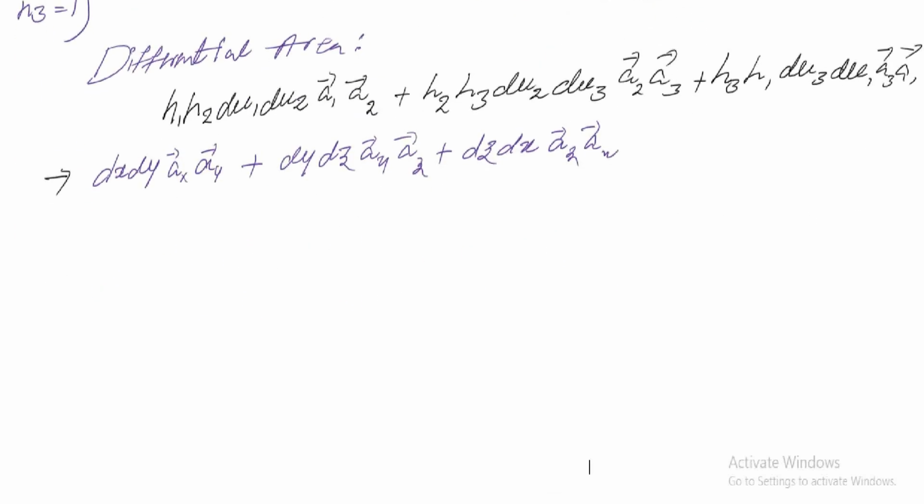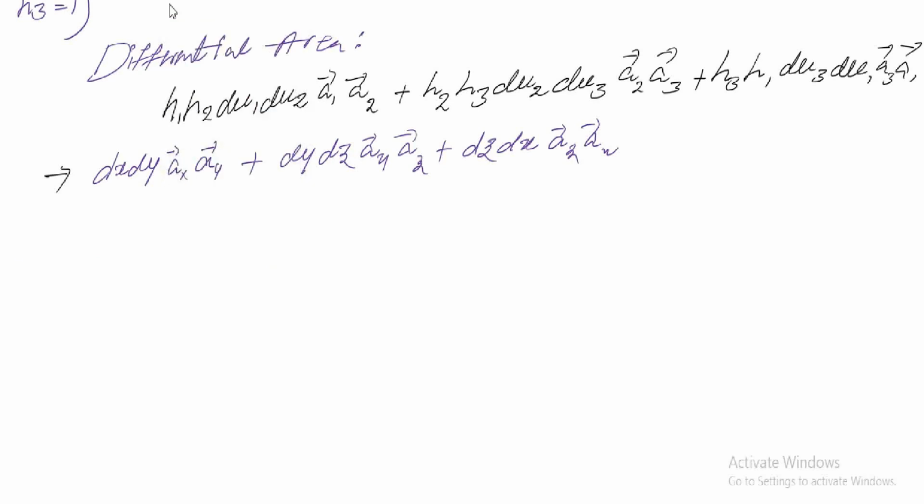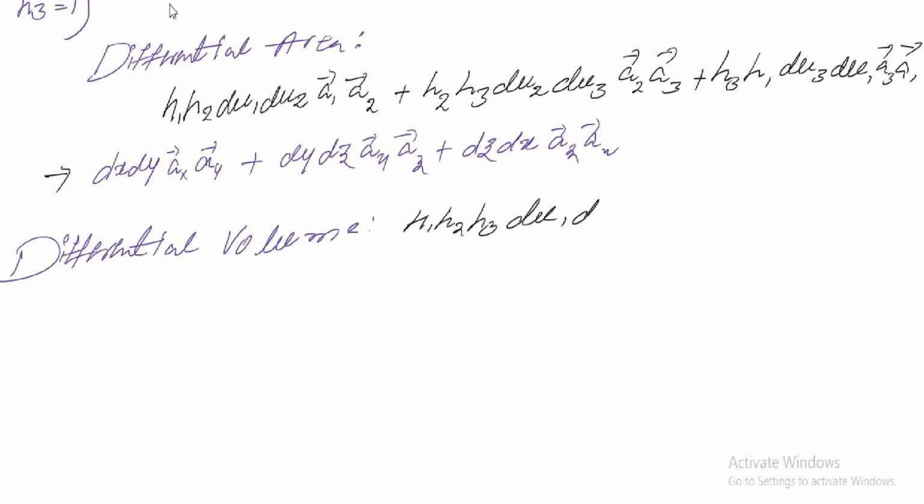Next, the differential volume. What is the differential volume according to the curvilinear coordinate system? h1 h2 h3 du1 du2 du3.